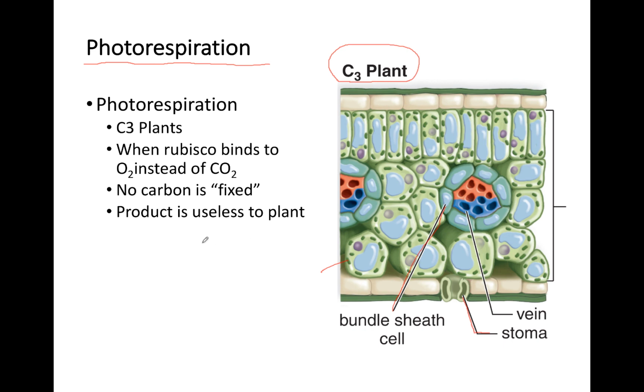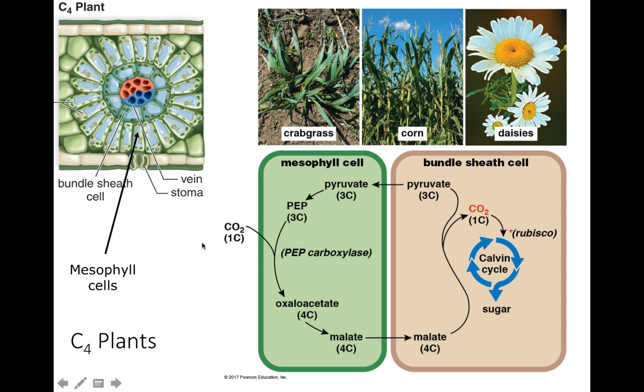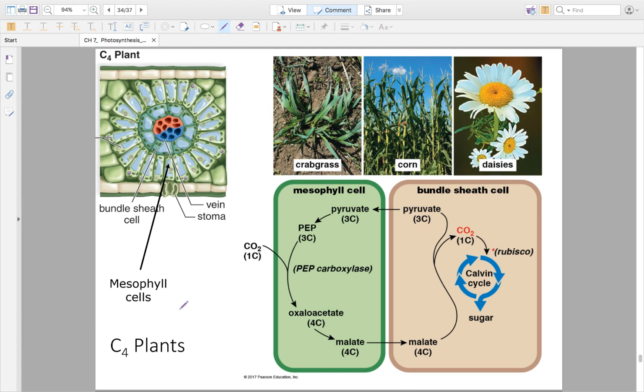All right, now C3 plants tend to go into photorespiration when it's hot, and it's very detrimental to the plant. However, over time, evolution has given us C4 plants. A C4 plant, something like crabgrass, corn, daisies, has been able to overcome this.